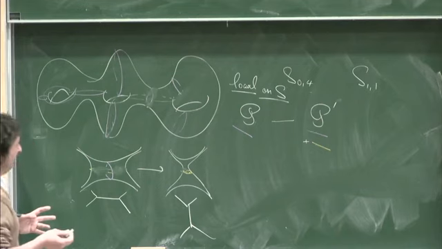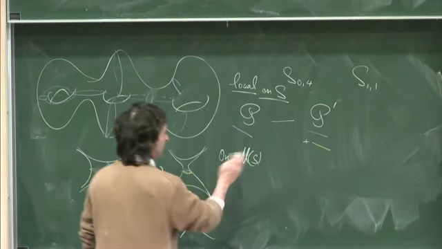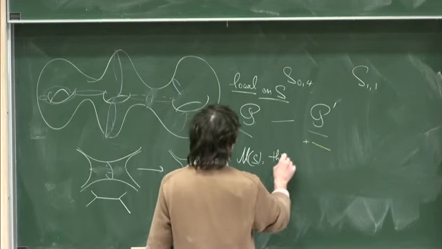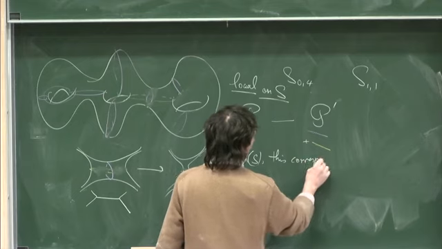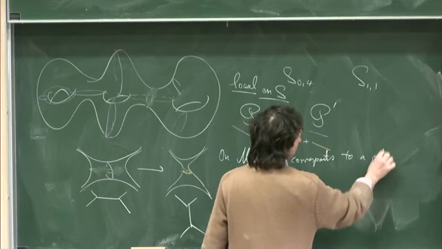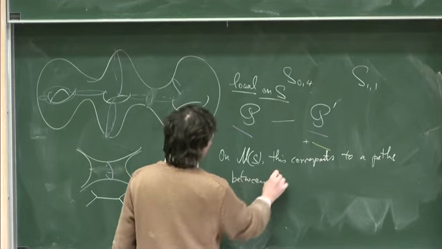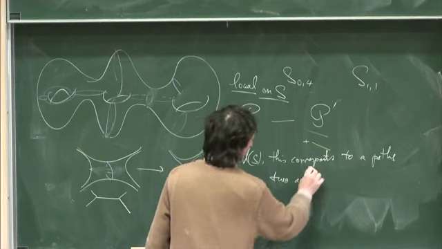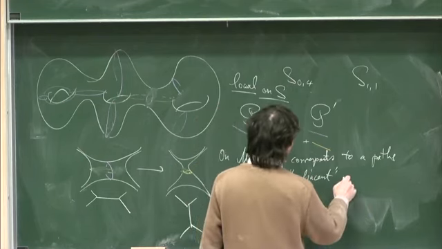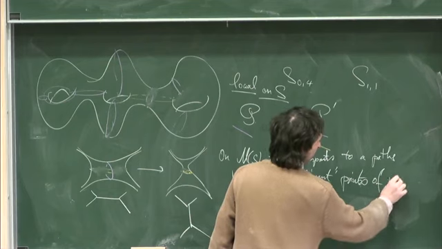On the moduli space, on M of S, let me write M of S for the moduli space of S. This corresponds to a path between two adjacent, adjacent maybe with quotes, points of maximal degeneracy.